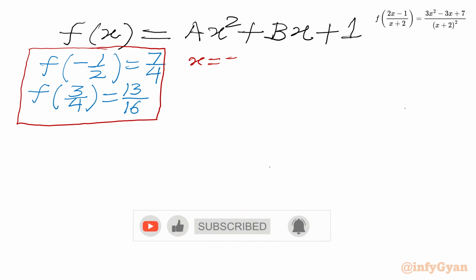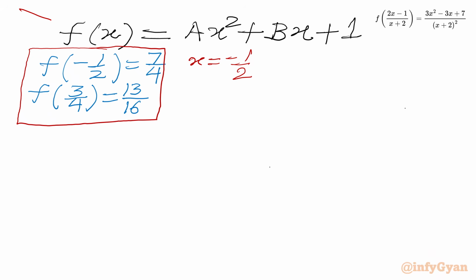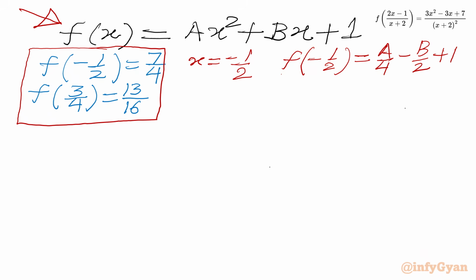So we can get f of minus half equal to a times minus half whole square will be a over 4, b times minus half, we will get minus b over 2 plus 1. In place of f of minus half, we will write 7 over 4. So 7 over 4 equal to a over 4 minus b over 2 plus 1.